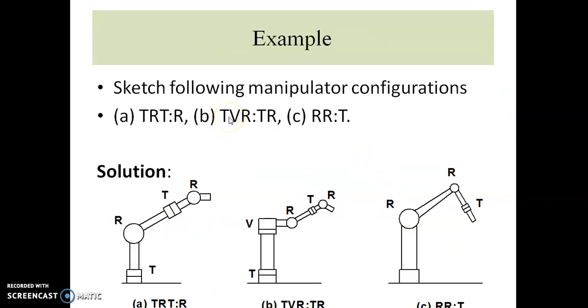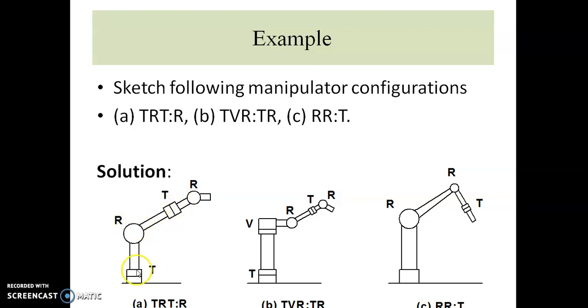So there are different sketches for the manipulator configuration, such as TRT:R. TRT is for the body-arm assembly and R is for the wrist assembly.